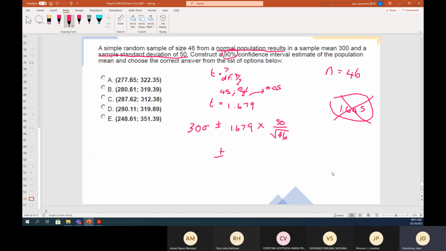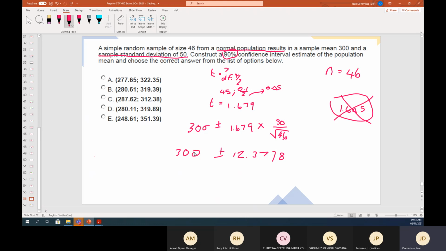So 50 divided by the square root of 46 is 7,3721. Multiply that by 1,679. That gives me plus minus 12,377.8, and depending on how many decimals they want, we change it to 3 or 4 in your answer.